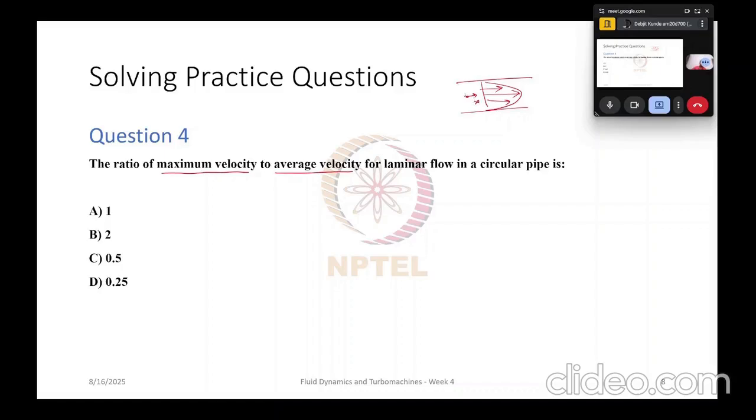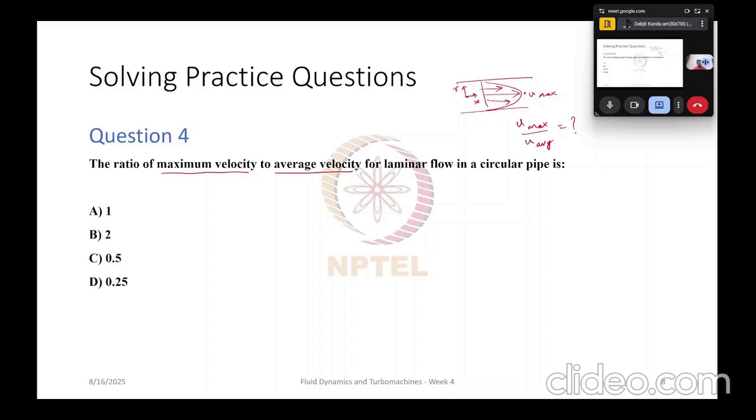This could be X, this could be R, and what I'm looking for is the ratio of the maximum velocity U max over the average velocity equals what?